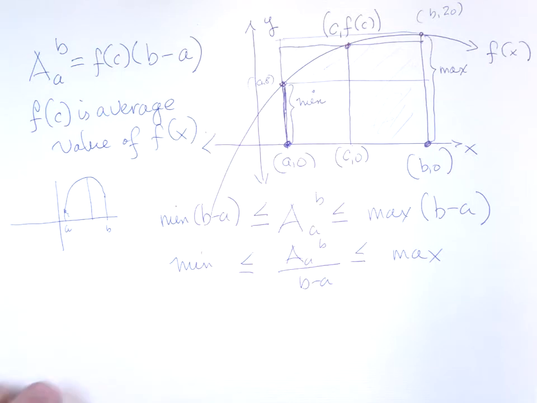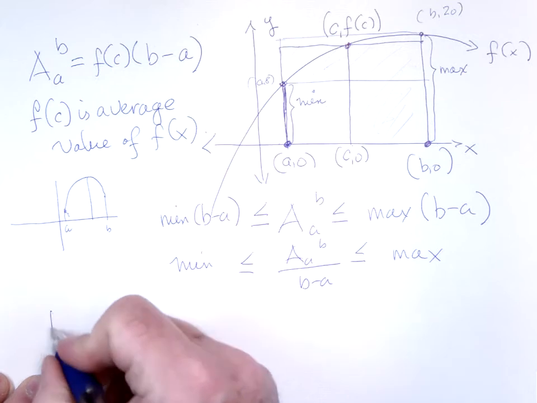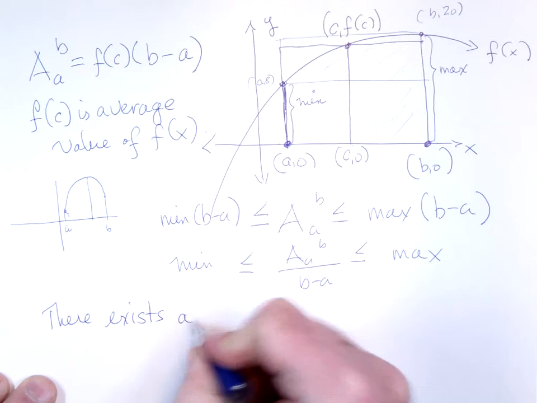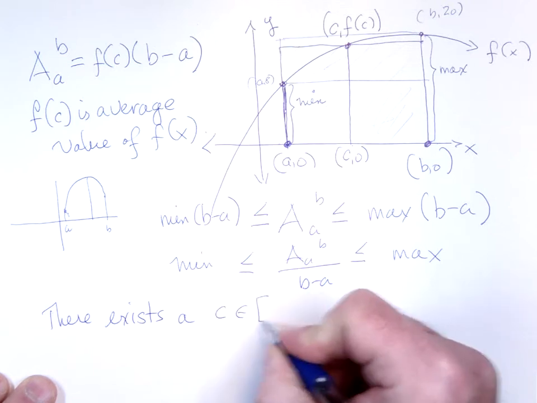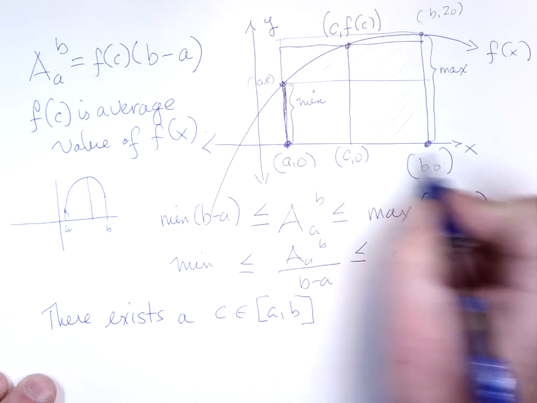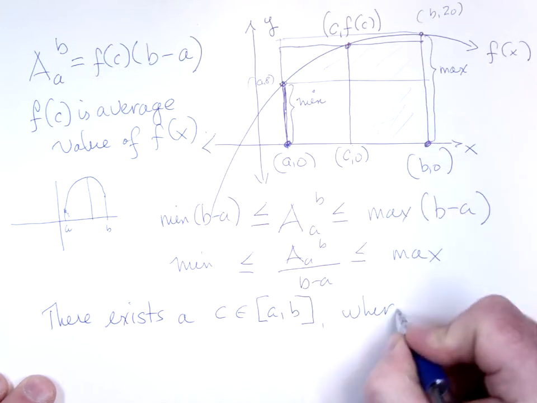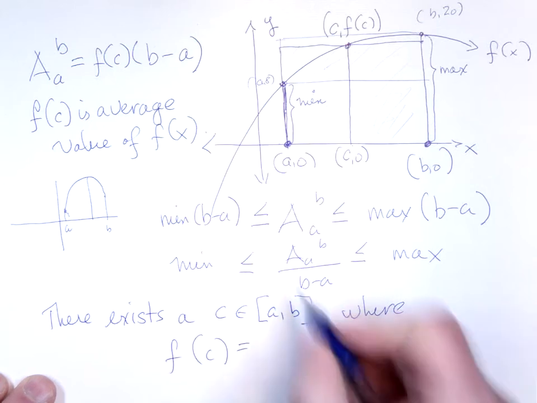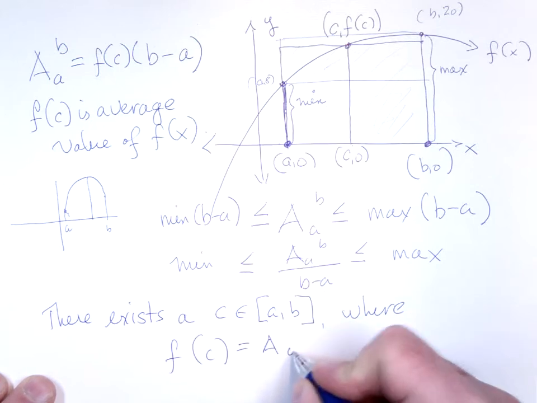Therefore, because this is a continuous function, there exists a c in the interval, an element of this interval, where the value of the function is equal to this number right here, because it's between the minimum and maximum.